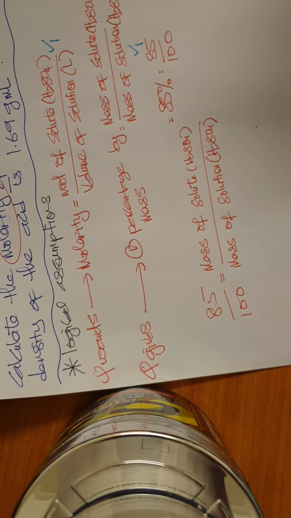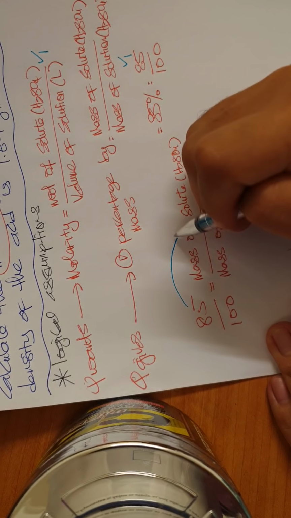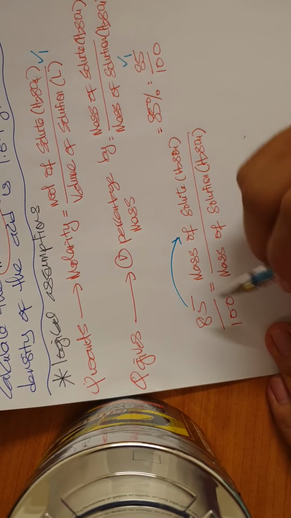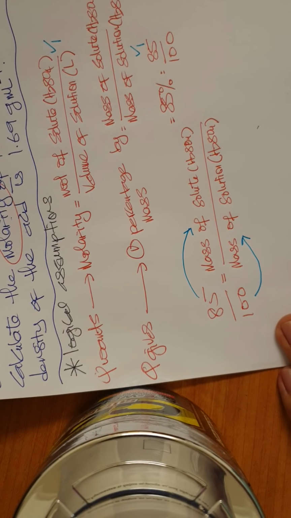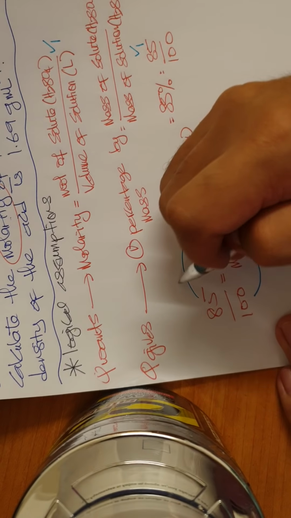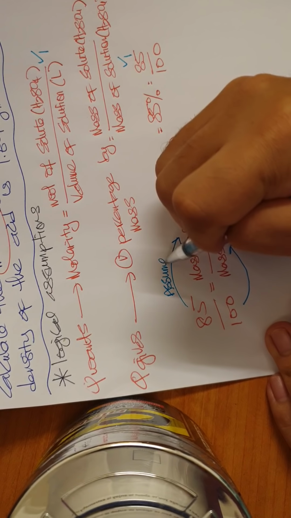If we look here, now we can assume mass of solute is 85, and 100 we can assume as mass of solution. Okay, so this is what we assume. This is our assumption.